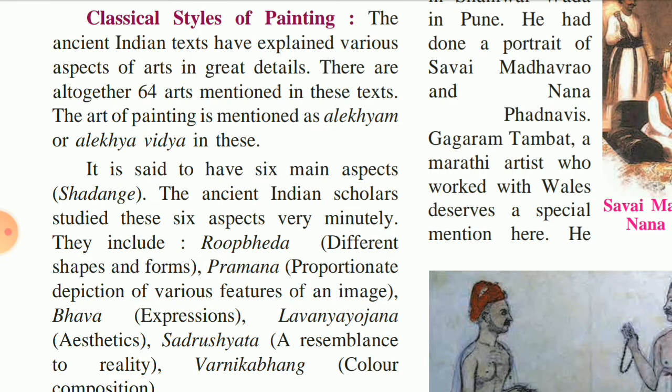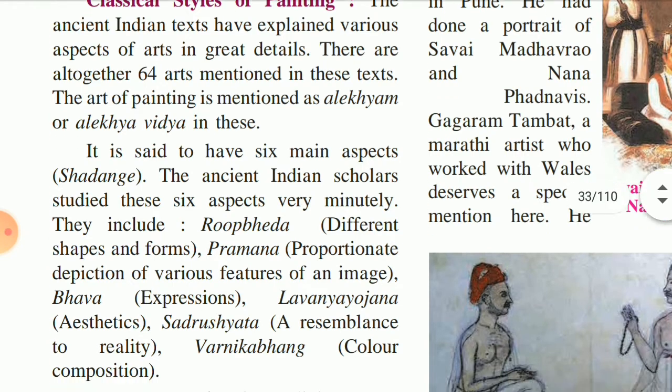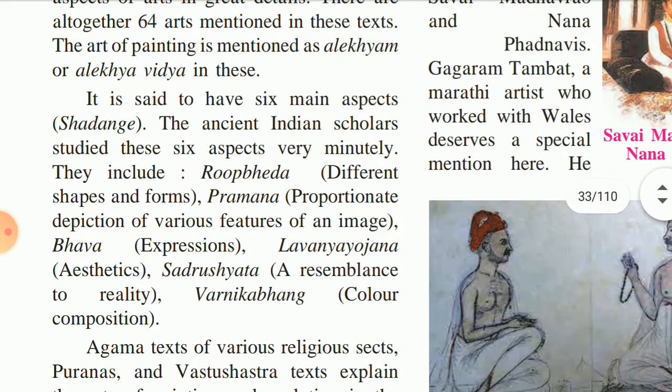Shad means 6, Anga means the aspects, the body. So, the body with 6 different qualities. Let us see. The ancient Indian scholars studied these 6 aspects very minutely, in more detail.